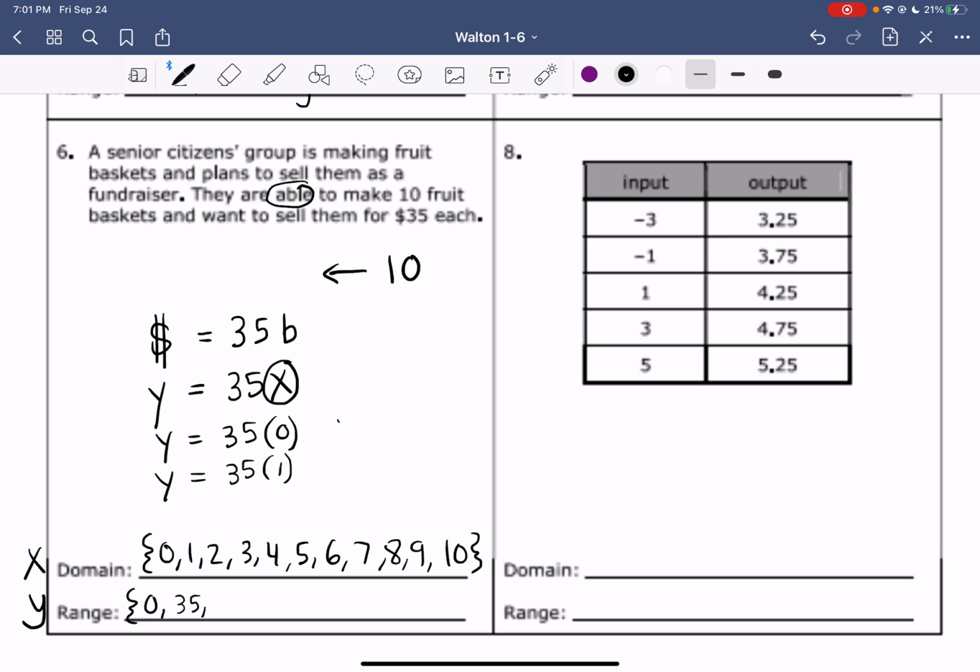And then keep going, y equals 35 times 2. So again, I'm just substituting these x values in. Oh, I skipped one. These x values in to figure out what our range value or our y value is. And 70. And then I'm not going to do the rest of these, so this would be just continuing to substitute in your x values, which you can do.